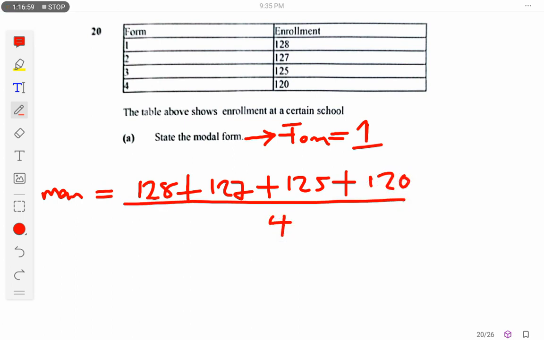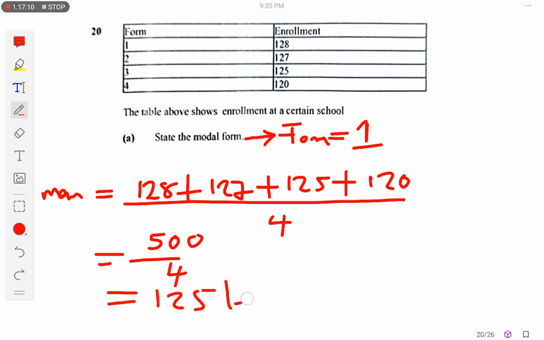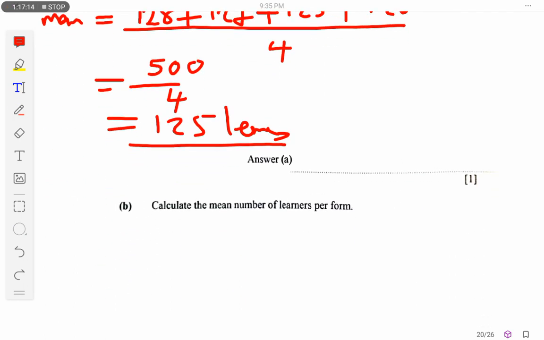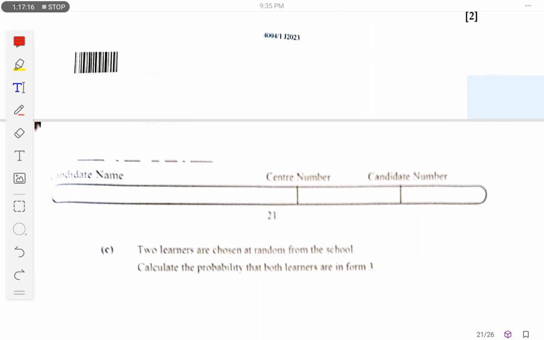We have 4 forms there. Form 1, form 2, form 3, form 4. If you add this, we are going to get 500 over 4. So our number is going to be 125 learners, okay, or students. Okay, let's move on. We have done that one, 2 marks.